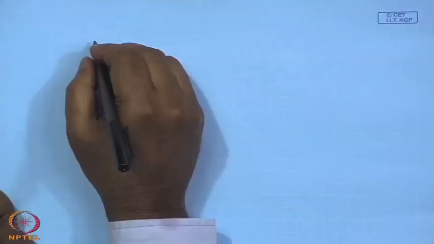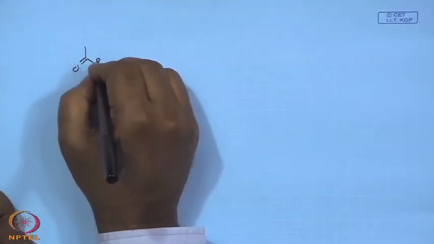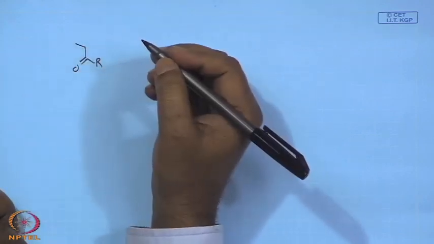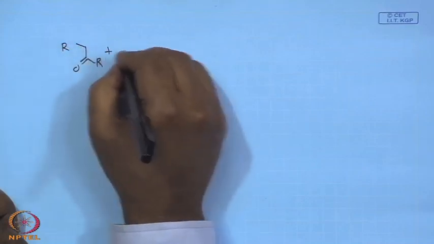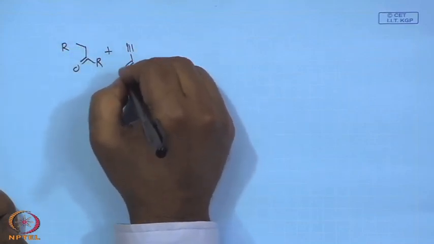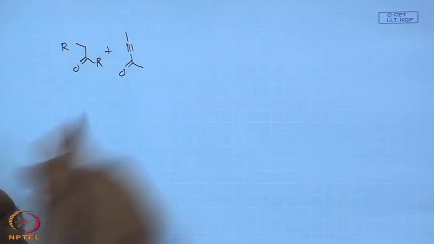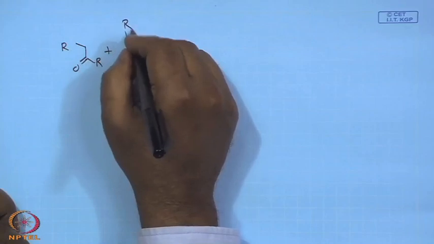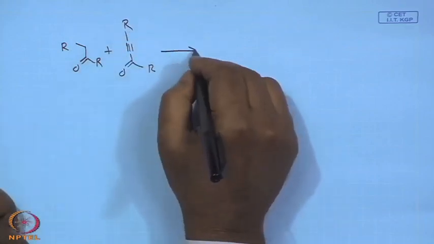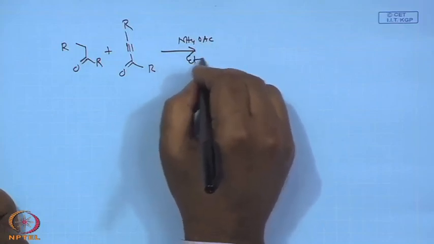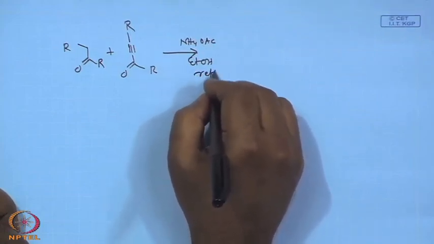The next example basically tells you that you do not have to make this enamine. You just take the right ketone and the right acetylenic compound, the ketone up here, you can put R everywhere, here and there, it does not matter, and then take ammonium acetate, ethanol and reflux.